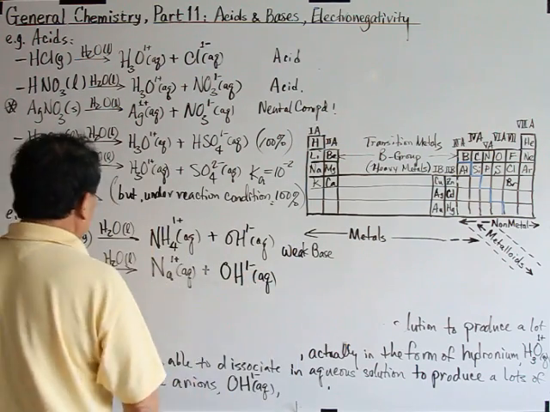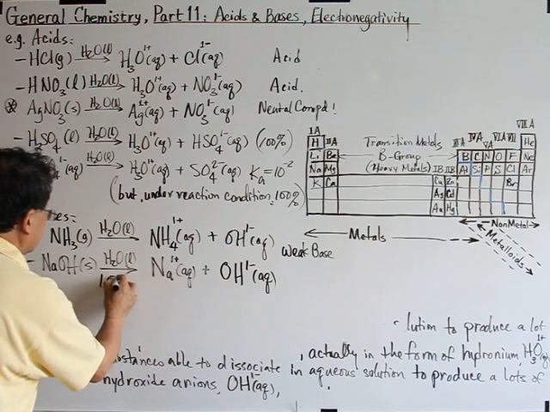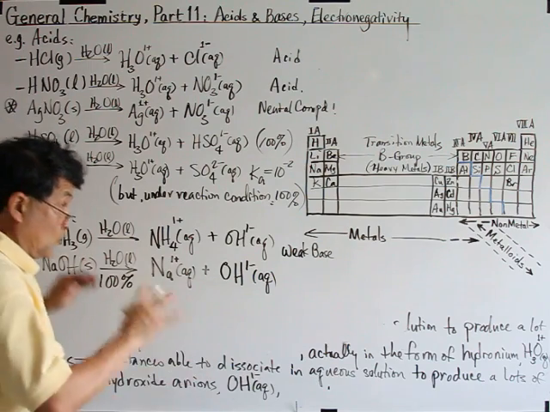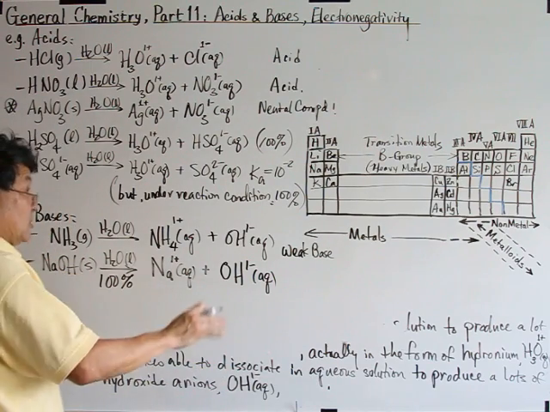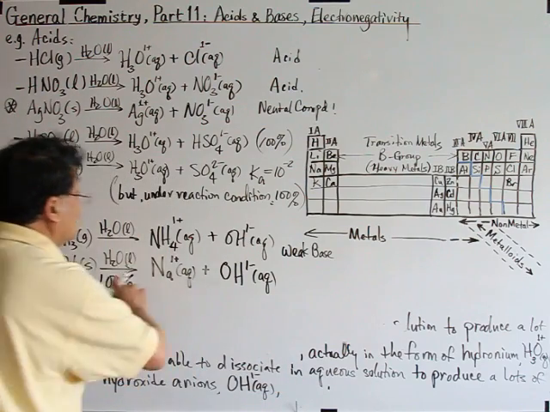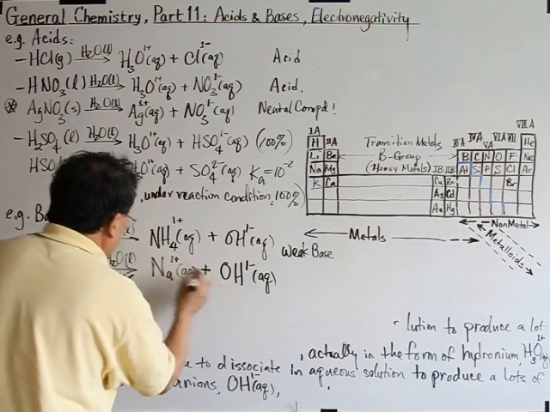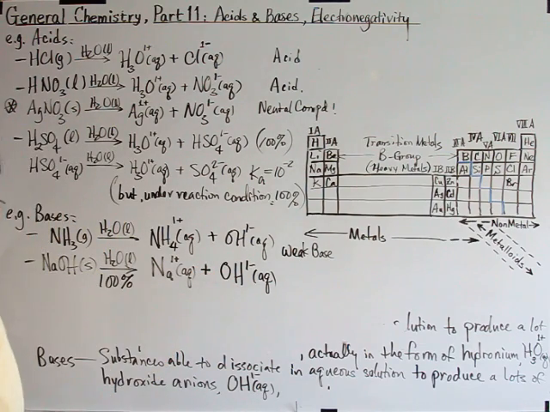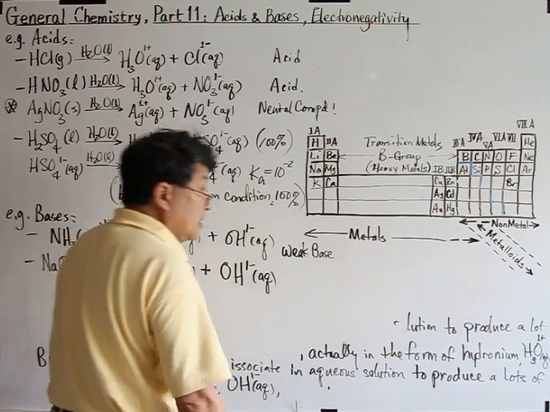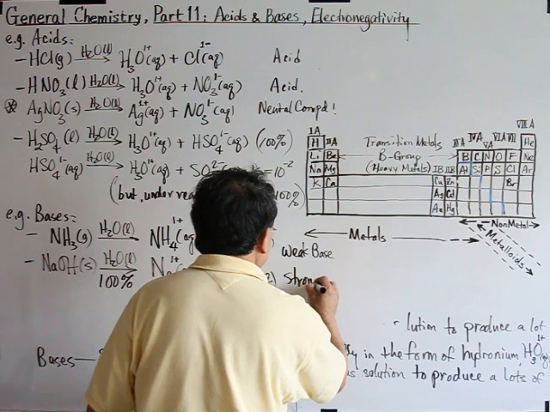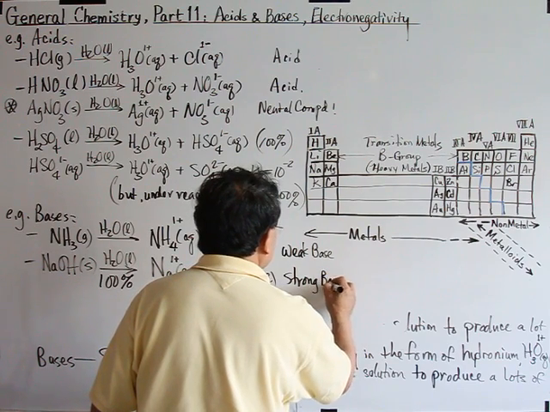That is 100%. Dissolving into the water as solvent, it will dissociate completely to this. So this is an irreversible reaction. You call the dissociation a reaction because this species and these two are not the same species. So that's a strong base. Very strong base, the strongest of the strong bases.